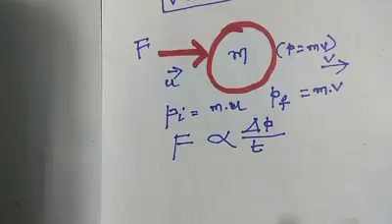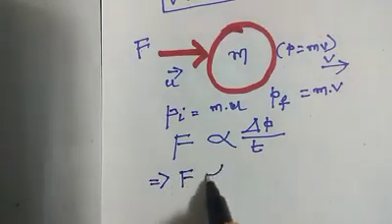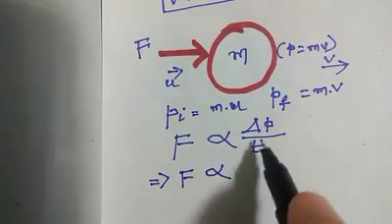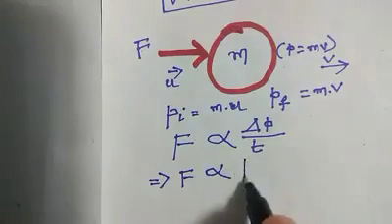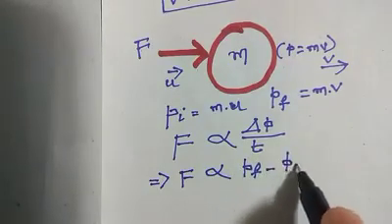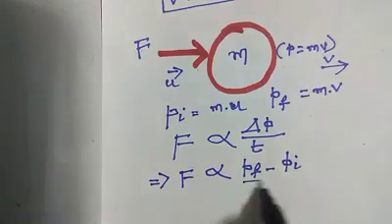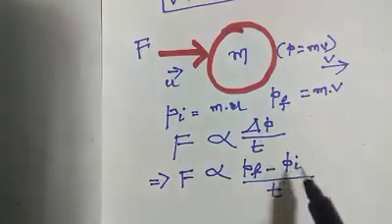In other words, force is directly proportional to the rate of change of momentum. So what is the rate of change of momentum? It is the final momentum, Pf, minus the initial momentum, Pi, whole divided by t.